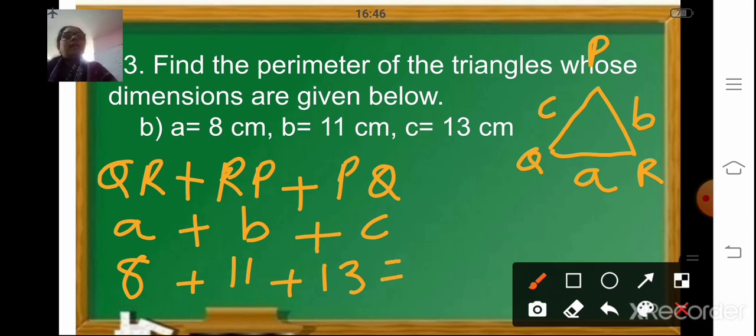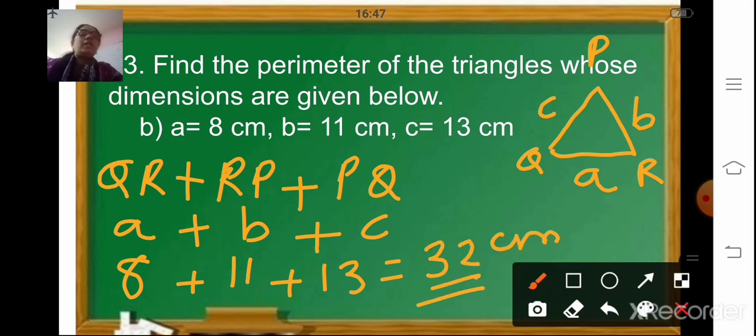So that will be 10, 20, 32 centimeter. So your unit is centimeter. So the perimeter of the triangle is 32 centimeter.